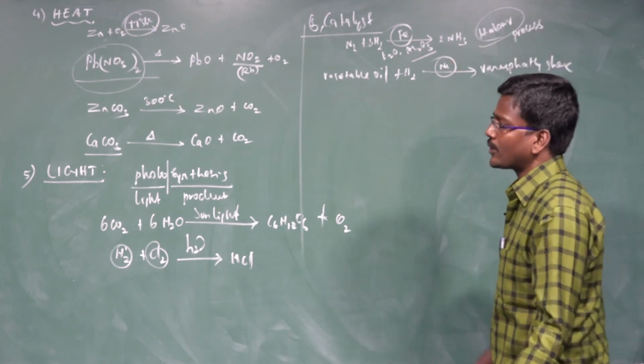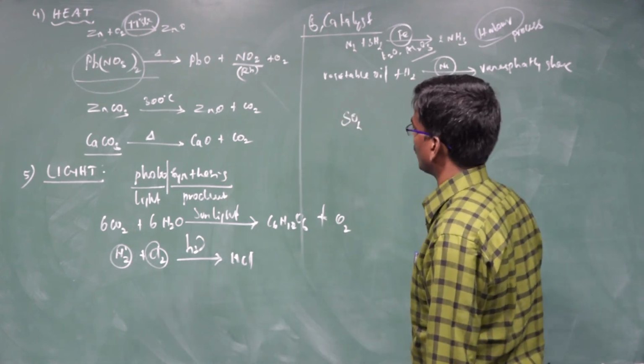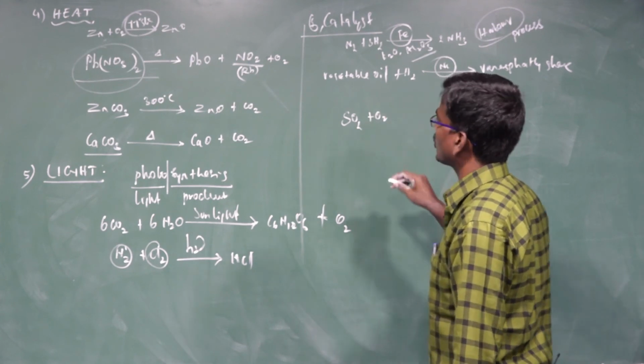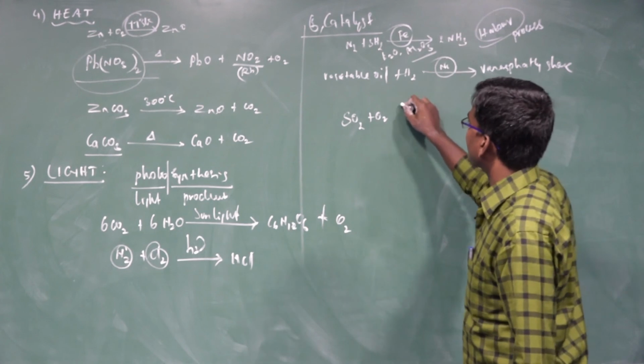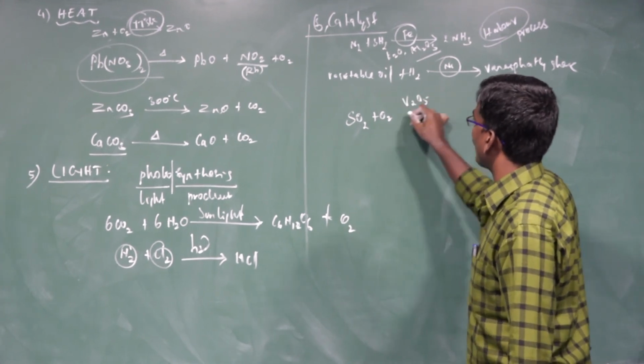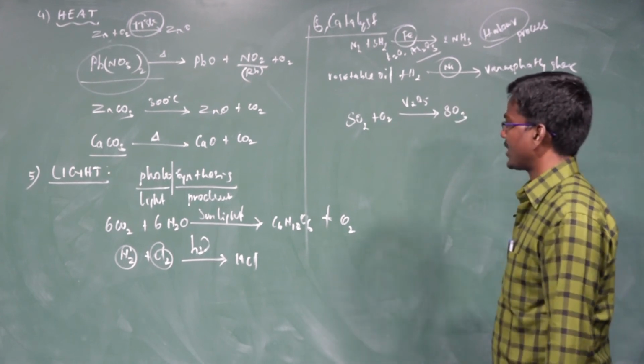Another one, the contact process. What is the meaning of contact process? Sulfur dioxide SO2 combines with oxygen O2 in the presence of porous vanadium pentoxide V2O5 to form sulfur trioxide SO3.